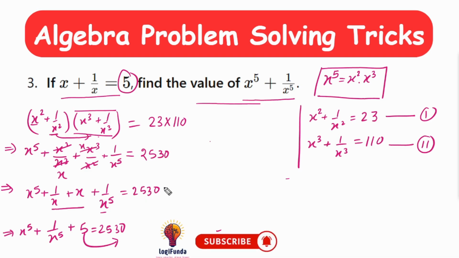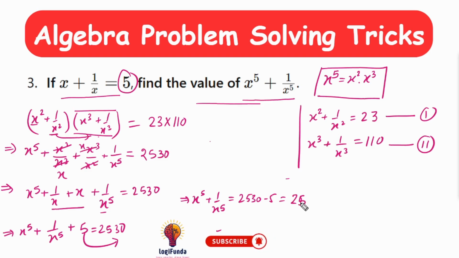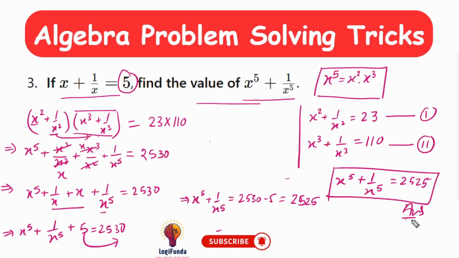Bring this 5 on the right hand side and you will get x to the power 5 plus 1 by x to the power 5 equal to 2 5 3 0 minus 5, and the final answer will be 2 5 2 5. So what is the value that we have received here? X to the power 5 plus 1 by x to the power 5 is equal to 2 5 2 5. So this is our final answer.